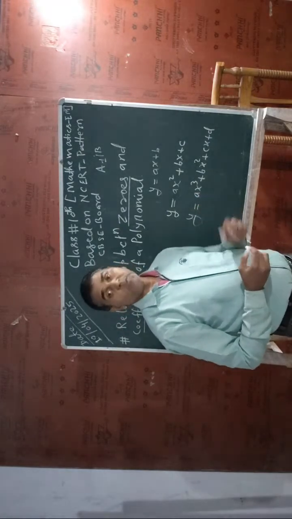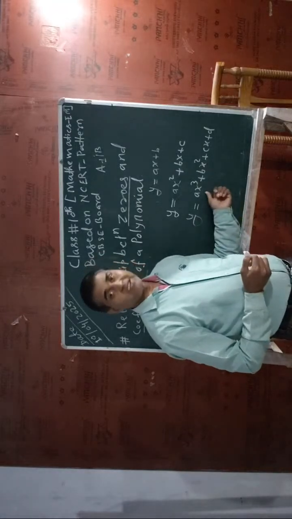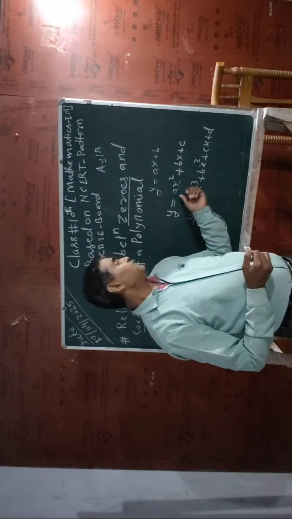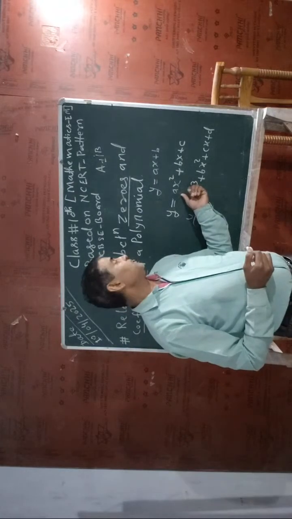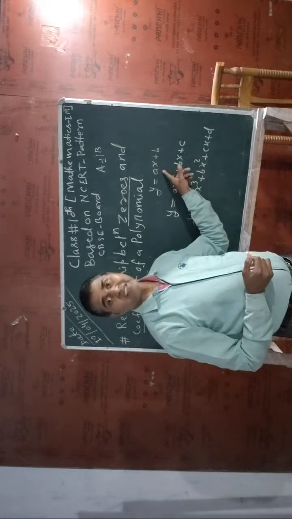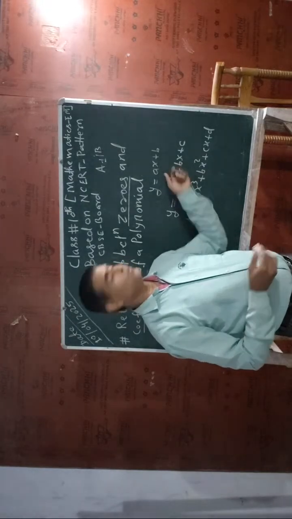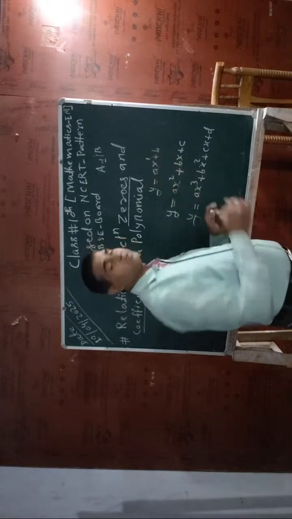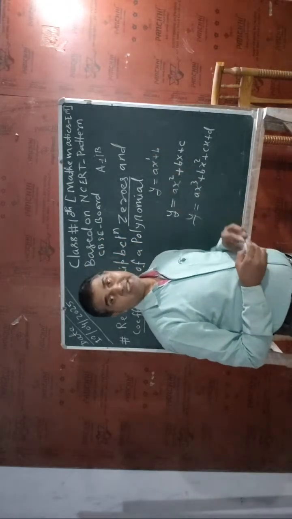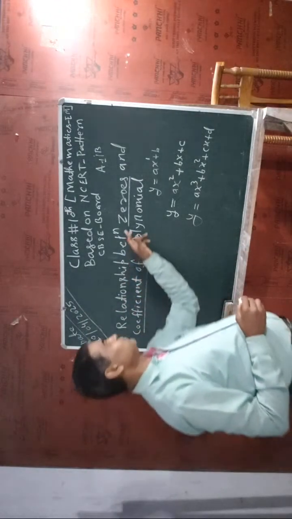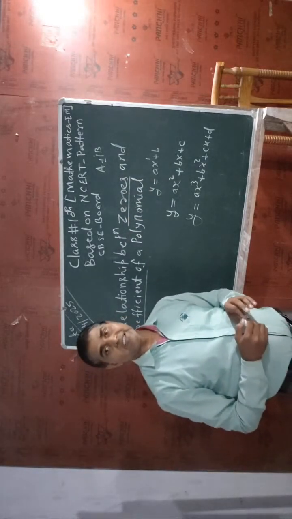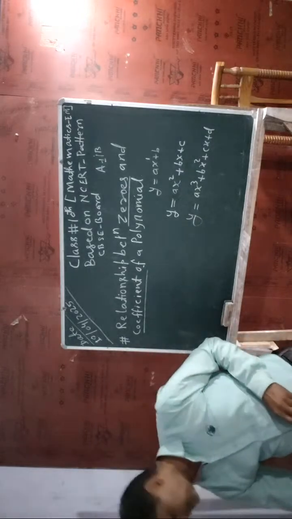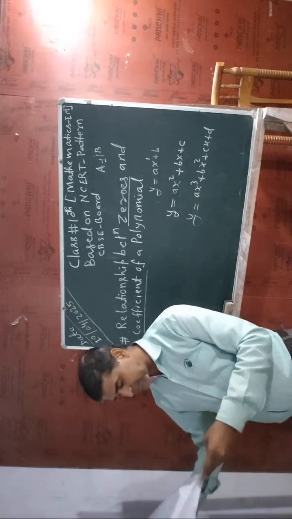Any polynomial which has degree 3 is called a cubic polynomial, and any polynomial which has degree 2 is called a quadratic polynomial, and a polynomial which has degree 1 is called a linear polynomial. Okay, student. So here I have to explain the relationship between zeros and coefficients of a polynomial in detail. Now I am going to explain another piece of information related to this.